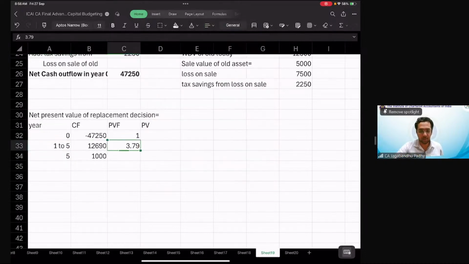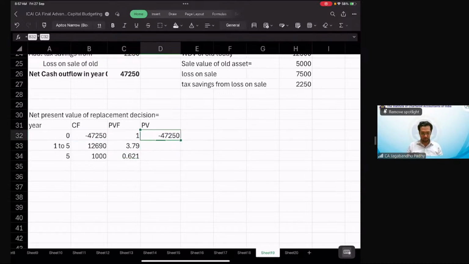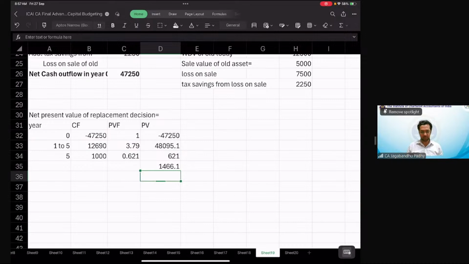Is it 3.79 at 10%? $3.79. Okay, and the last one is 0.621. So PV will be cash flow multiplied by the PV factor, and then we simply take the summation of this. So 1466 should be the present value.